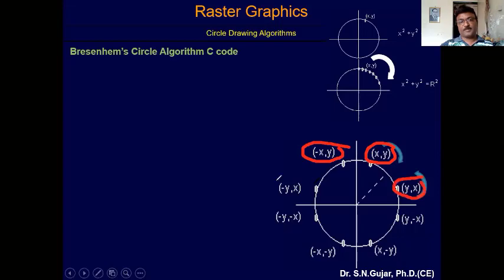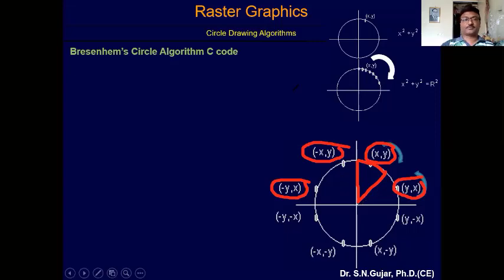Here again you have to put minus y, x. Suppose you have calculated one part, only one-eighth portion of the circle. I am coloring the portion that you have to draw first. Then you have to repeat this 8 times, so that it draws with 8-way symmetry.